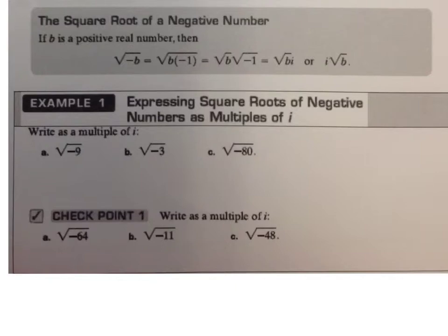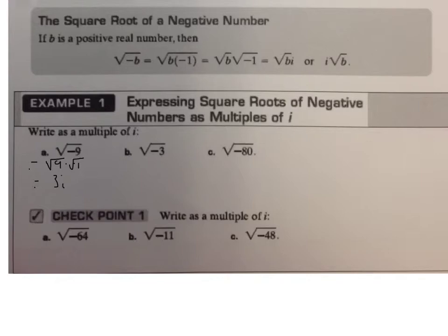We're going to rewrite this as the square root of 9 times the square root of negative 1. And since we know the square root of negative 1 is I, and we also know the square root of 9 is 3, we get our answer as 3I. And that's it.